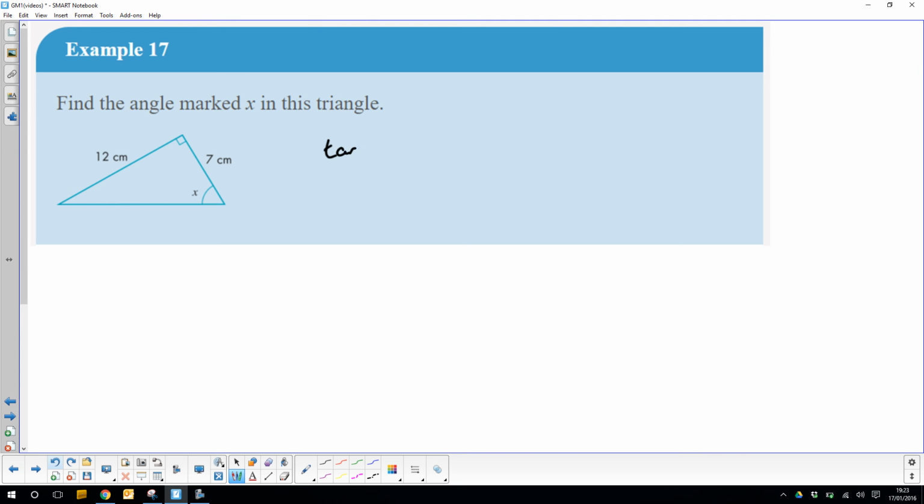Tan theta equals opposite over adjacent. Feed in the information I've got. Tan x, where the angle is x, the opposite is 12, and I need to be careful about that, over the adjacent, which is 7. And so x will equal tan minus 1 of 12 divided by 7.